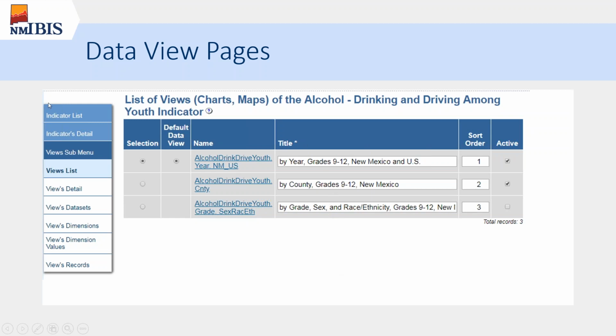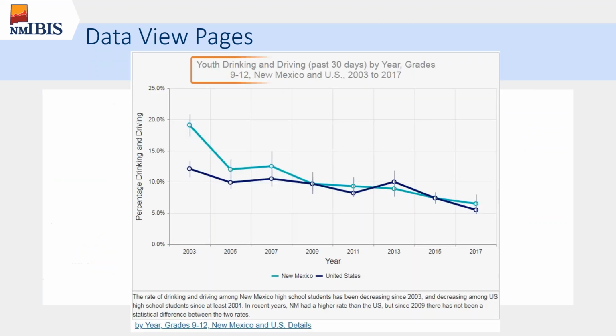And do you remember when we were back on the indicator detail page and there was that concise title? And I said that the chart and map titles were generated automatically. Well, these view titles are used in generation of your chart titles.